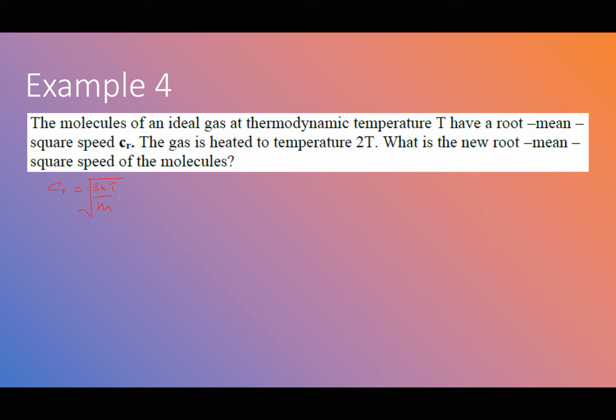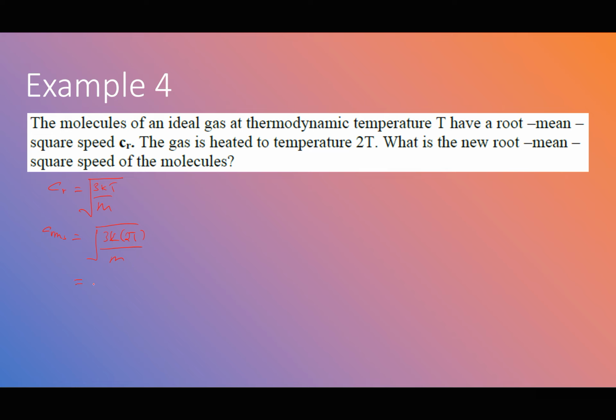The gas is heated to a temperature twice T. What is the new root mean square speed of the molecules? I will call the new one CRMS. So this will be the square root of 3k times twice T, divided by m, because the mass of a molecule and the constant k are still constants.